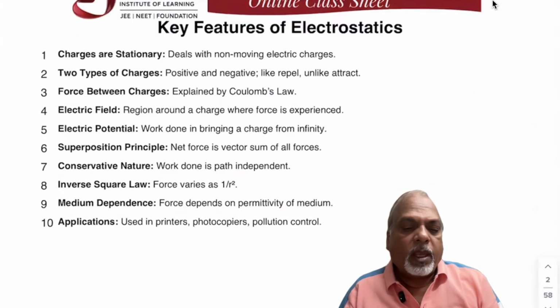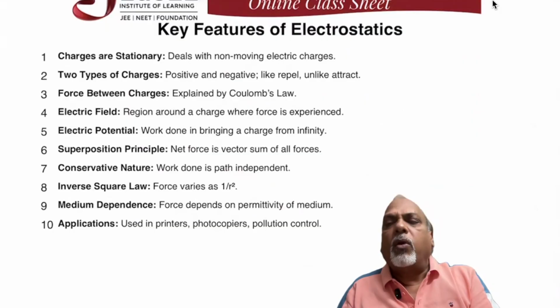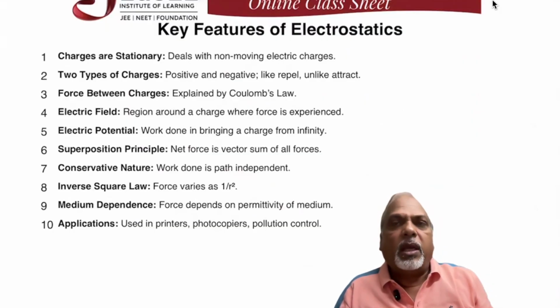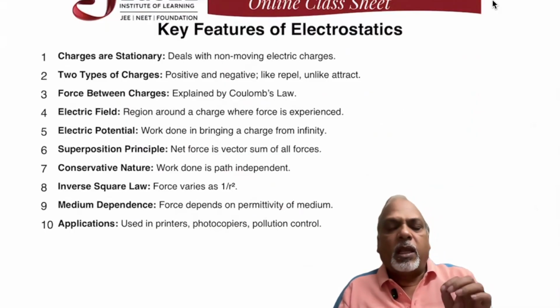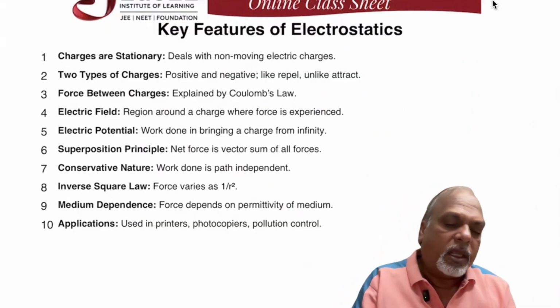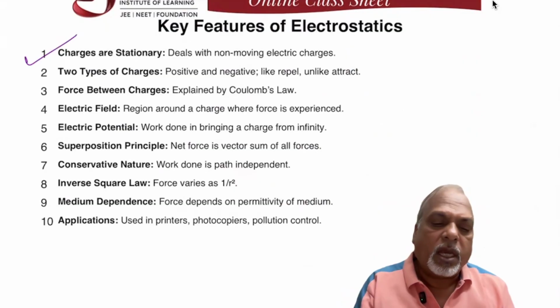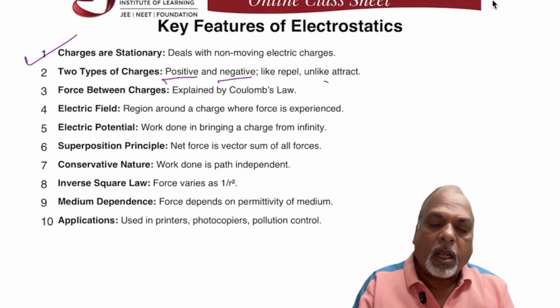Next, electrostatics. Let us see what are the main features of this branch. In electrostatics we deal with charges that are stationary. We know charges are of two types, positive and negative. Like charges repel, unlike charges attract.